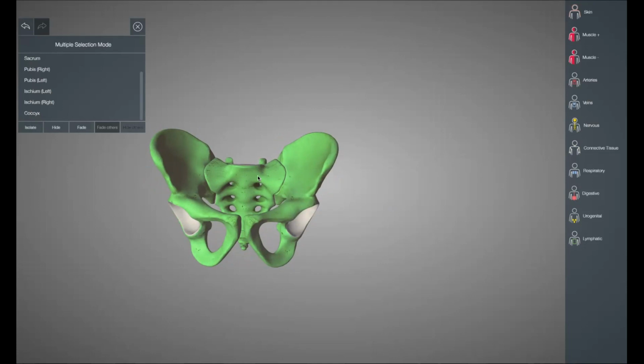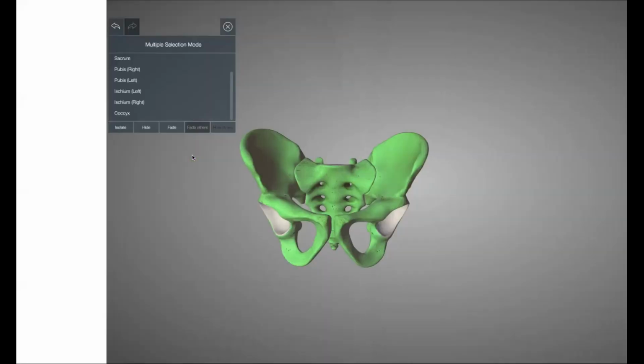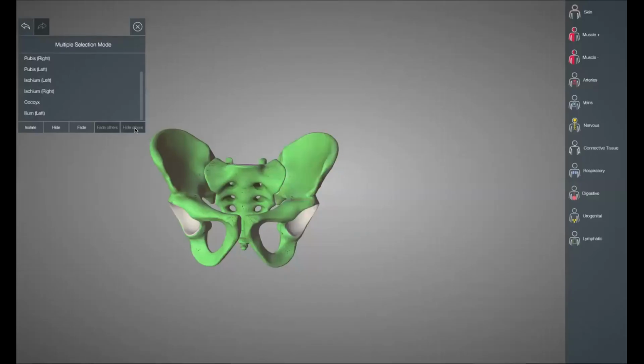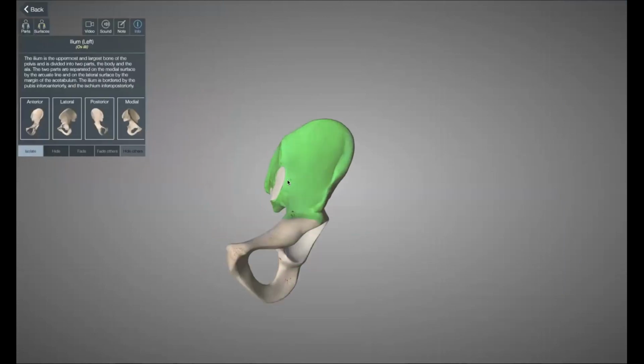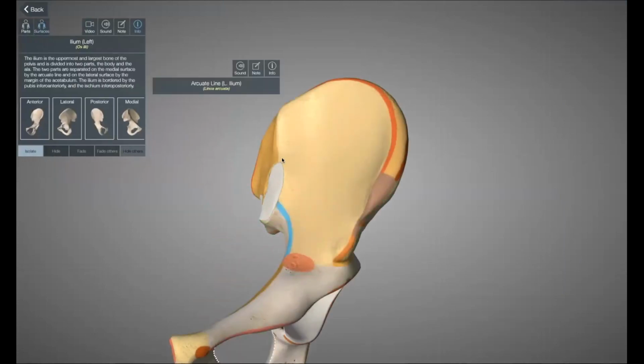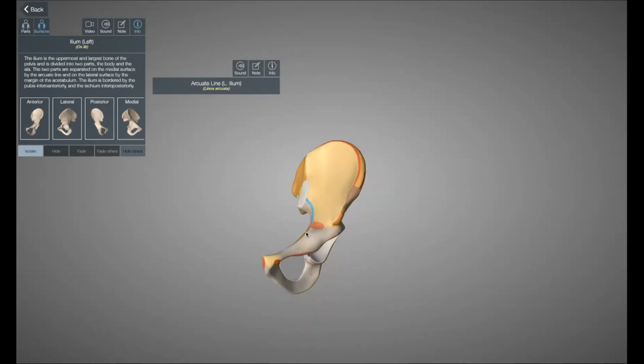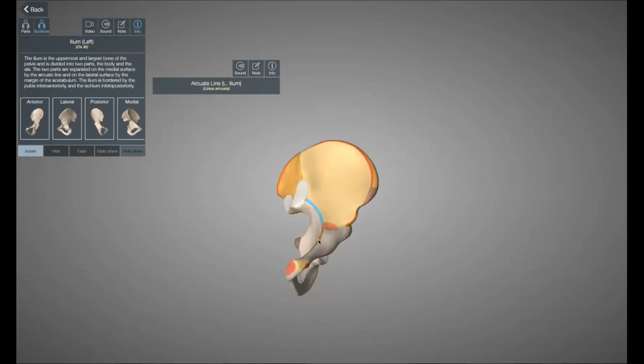Lateral: the arcuate line on the inner surface of the ilium and the pectineal line on the superior pubic ramus. Again, I'm sorry, I know I'm confusing you. Arcuate line of the ilium and pectineal line on the ramus of the pubis.